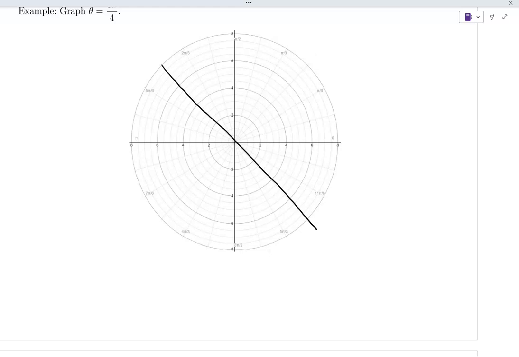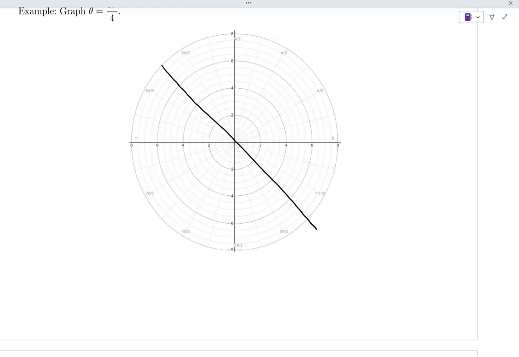But remember, when we have negative r values, you go backward through the pole, that reflection through the pole. So the ones going down to the right are your negative r values. Those make sense? Those aren't too bad, right? Those are the two different types of constants that you could have.